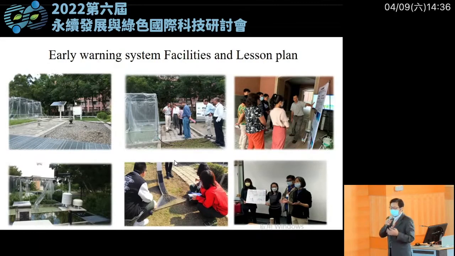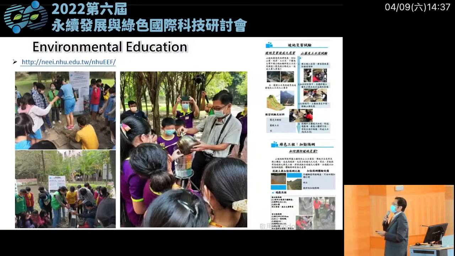And of course, in addition, from 6 years ago, we started to set up some facilities and some lessons. This is our place. This is a learning system. And we set up some courses to train students and train our volunteers of environment education. So this is environment education.